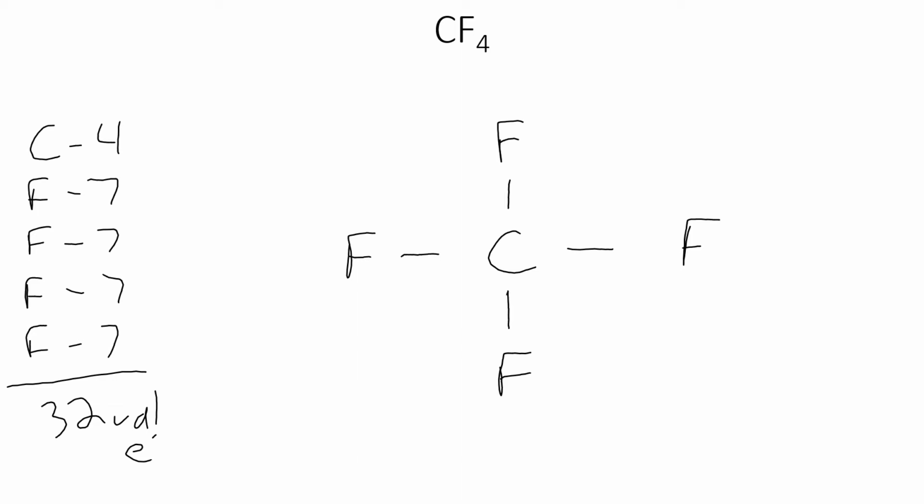Anytime we write a line in a Lewis structure, that represents a bond, and that means 2 electrons are being shared. Anything that gets placed between the 2 atoms represents something that's being shared.